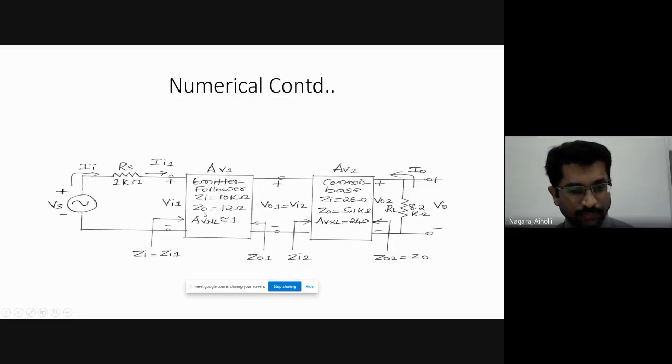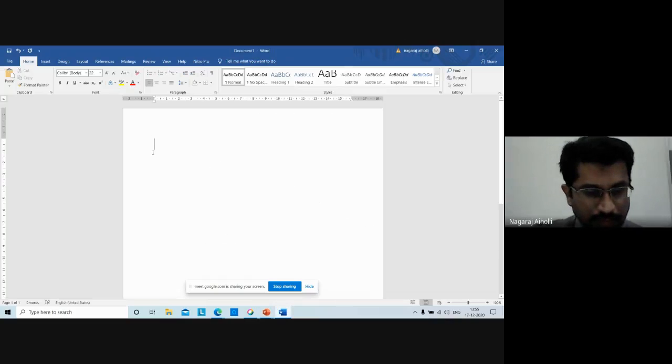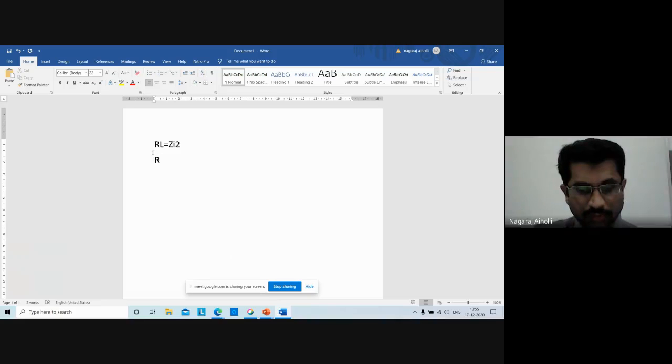RL is equal to Zi2, right? And then R0 is equal to Z01. Okay, let's note down these two.